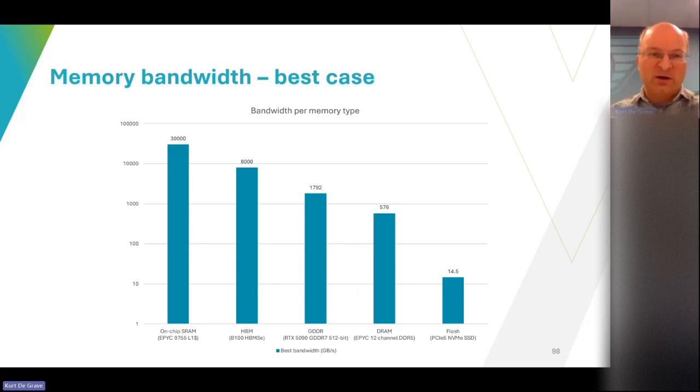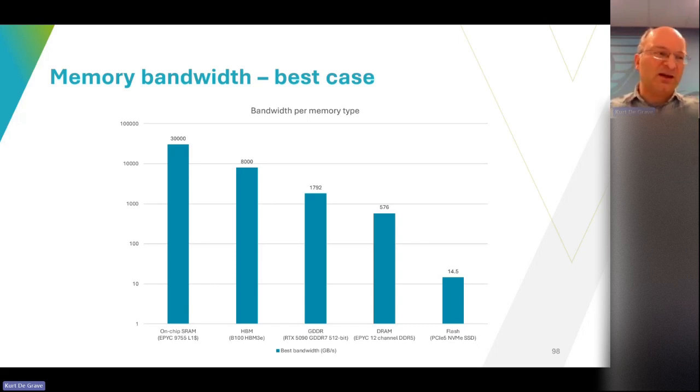When you look at hardware to do inference or training, then memory bandwidth is often the main limiting factor, because LLMs need to use so many parameters.